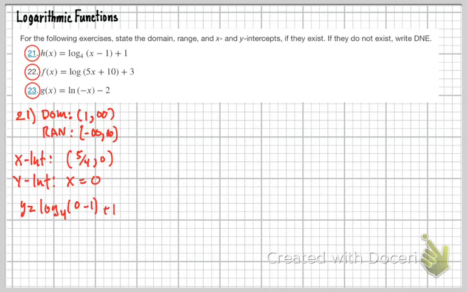If I simplify the inside here, I get y equals log base 4 of negative 1, plus 1. Now this is a problem because I can't take the log of a negative number or 0. Remember, whatever I take the log of has to be a positive number. So therefore, this would be undefined.